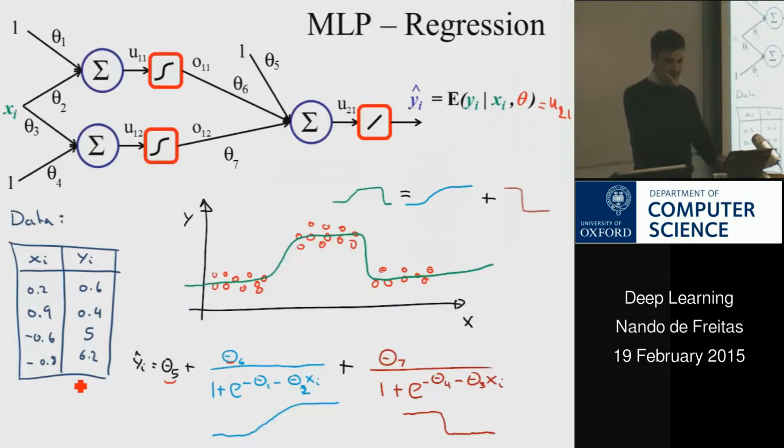Okay, coming back to neural nets, another thing you could do is regression. And so the only difference with what we had before is now that the output has this linear mapping, I've emphasized the linear mapping there. So the output y is just u, it's just the identity. Because for regression, we don't want to predict 0 and 1.